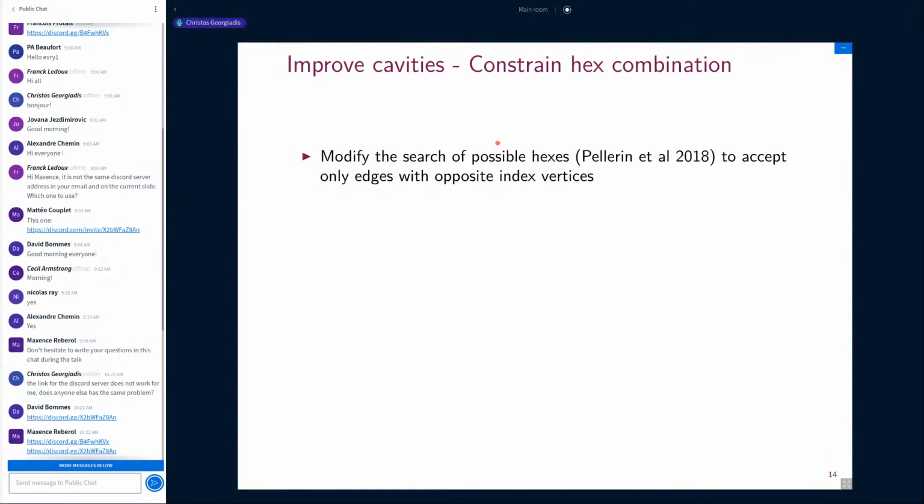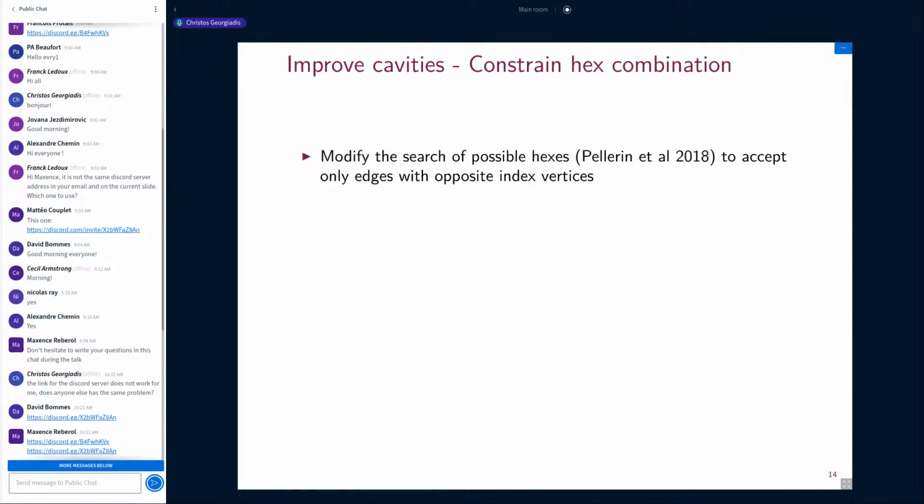So we modify the search of possible hexes in Pellerin et al., the work that is done in our lab for the combination of TETs to hexes.